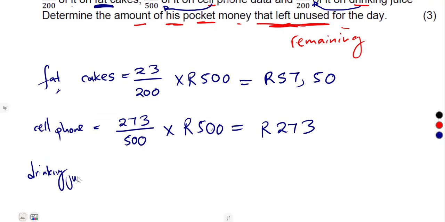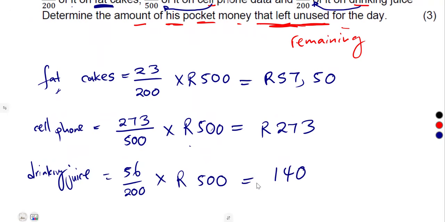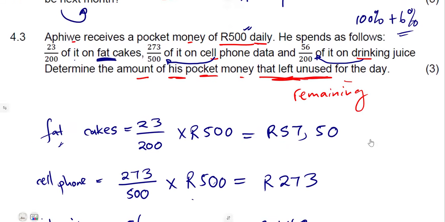All right. So multiply by the total amount 500. You are going to get something like 140. So this is the money that you used on everything on that day.